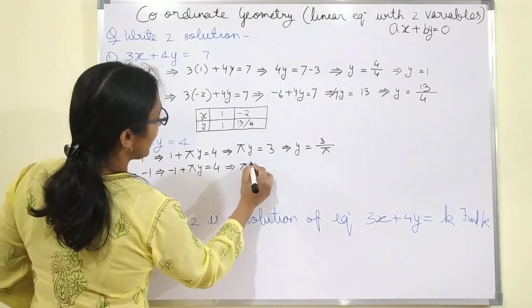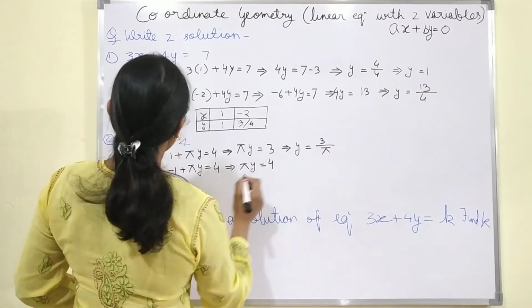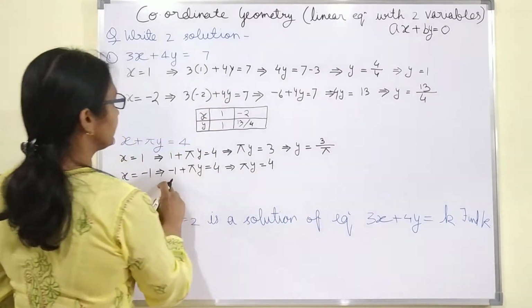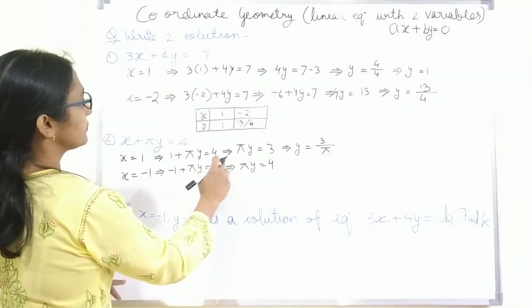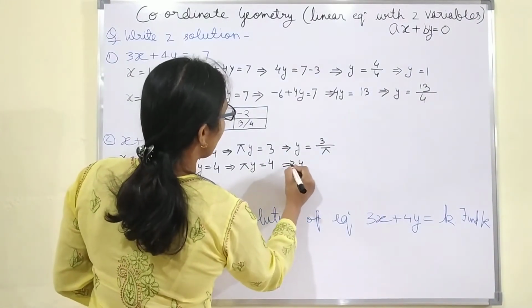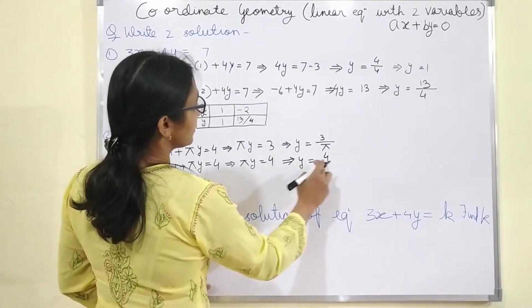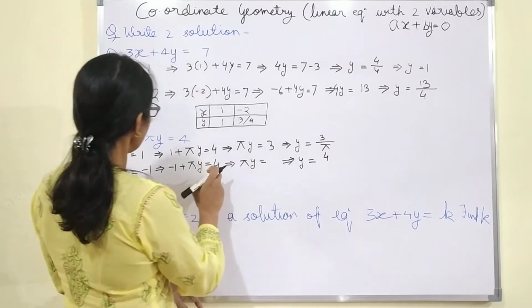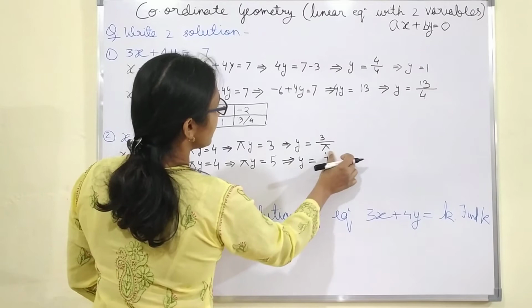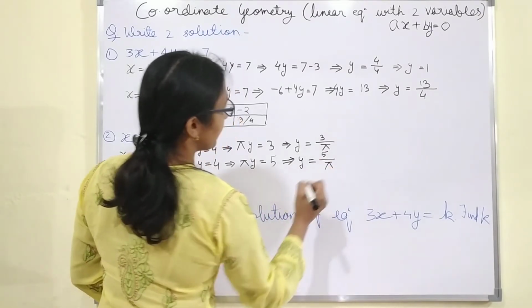So pi y equals to, sorry, it is 5, because the 1 will go to the other side and become plus 1. So 5, so it will be 5 upon pi.